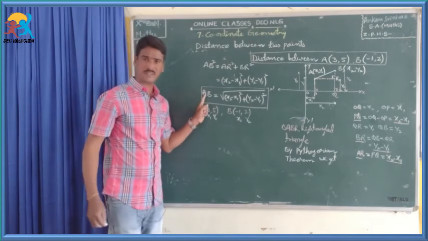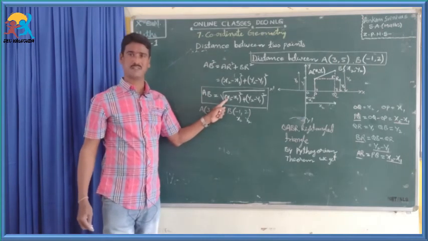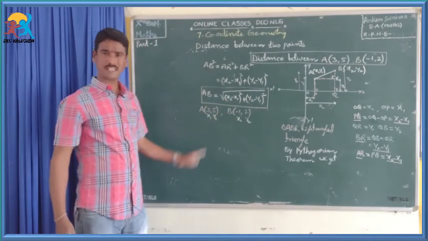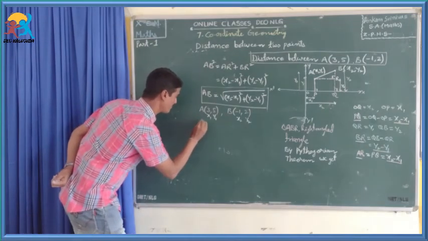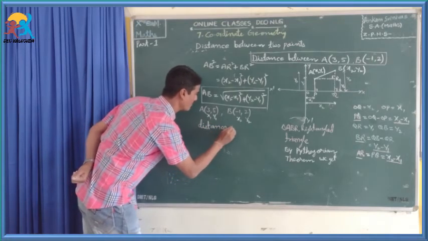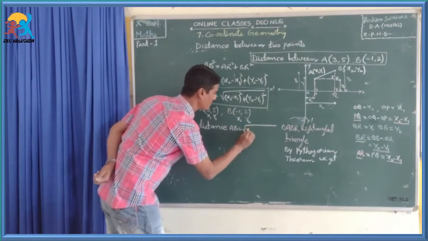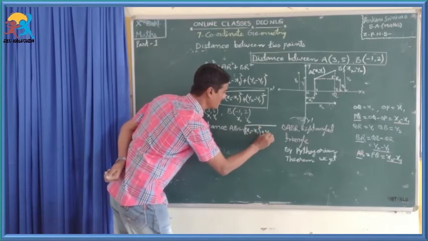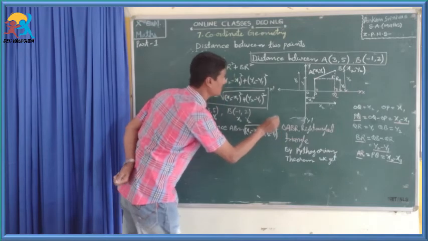What is the formula for distance between 2 points? Square root of x2 minus x1 whole square plus y2 minus y1 whole square. Write the formula first.